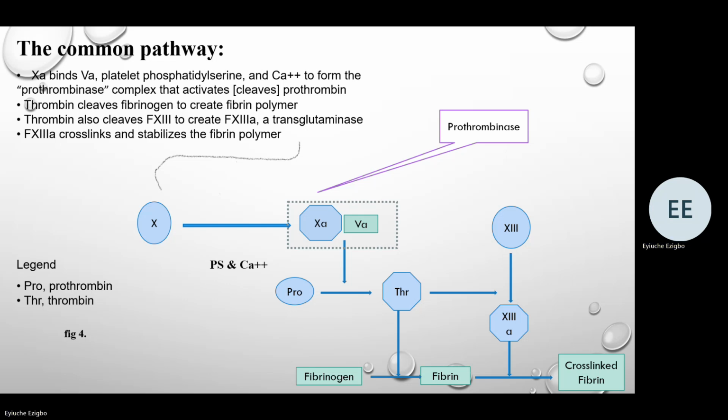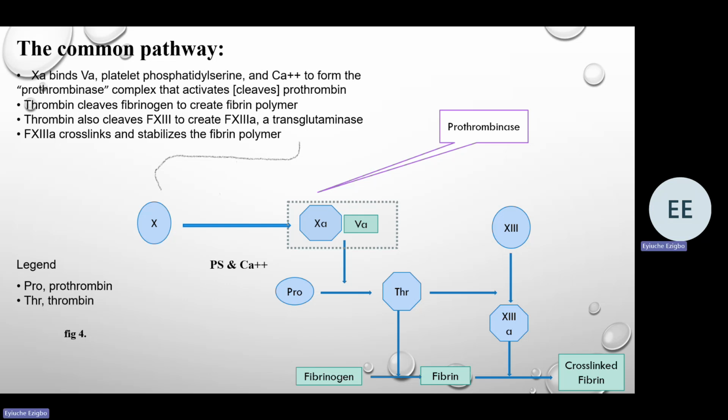When factor 10 is cleaved by factor 7 or factor 9, either from the classical extrinsic pathway or from the alternate pathway of the extrinsic system, it binds factor 5 with ionic calcium and PS to act as a serine protease and cleaves prothrombin, forming the serine protease thrombin.